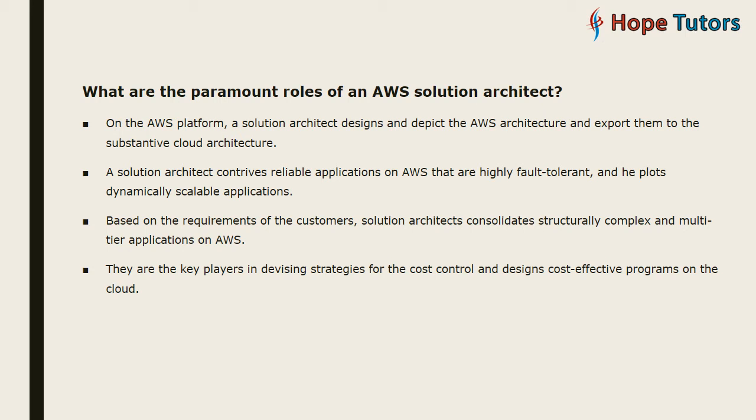Based on the requirements of the customers, solution architects consolidate structurally complex and multi-tier applications on AWS. They are the key players in devising strategies for cost control and design cost-effective programs on the cloud.